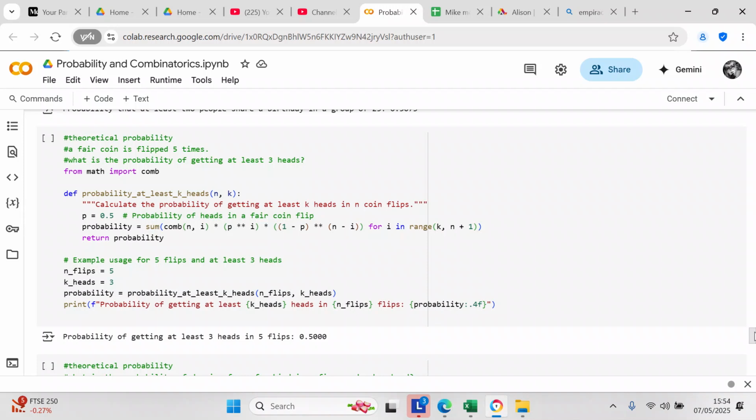So we have example usage for 5 flips and at least 3 heads. So num_flips equals 5, k_heads equals 3, probability equals probability_at_least_k_heads(num_flips, k_heads), and then you print the probability of getting at least 3 heads in 5 flips is 50%.